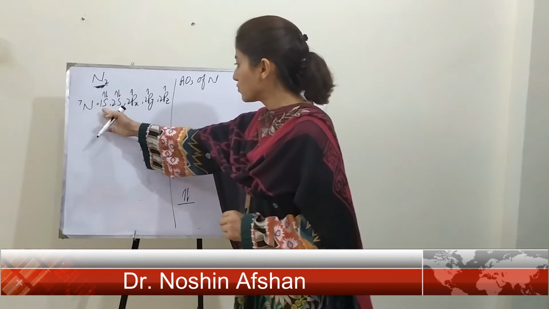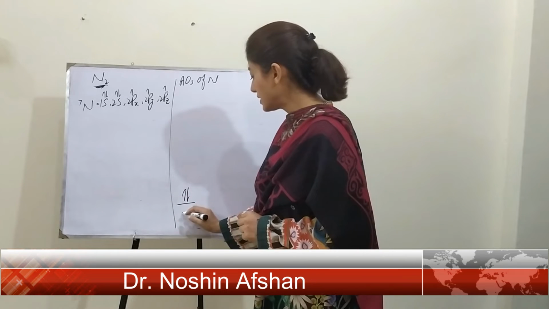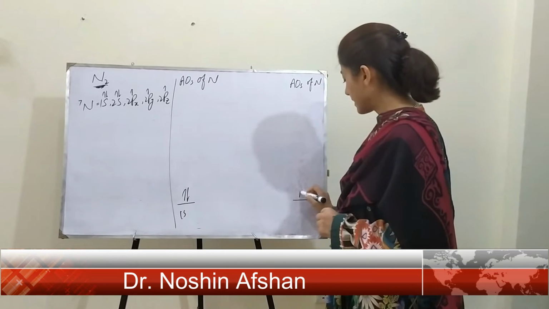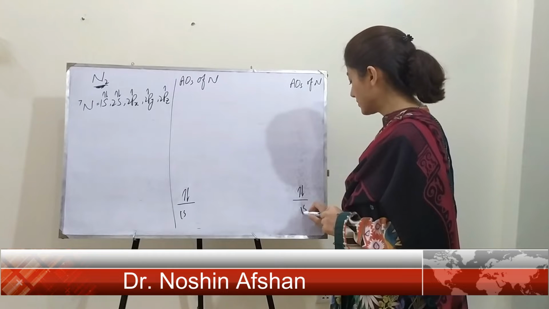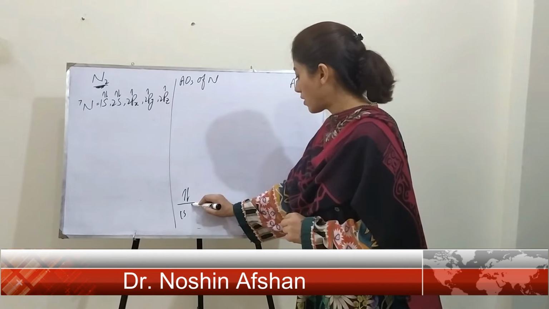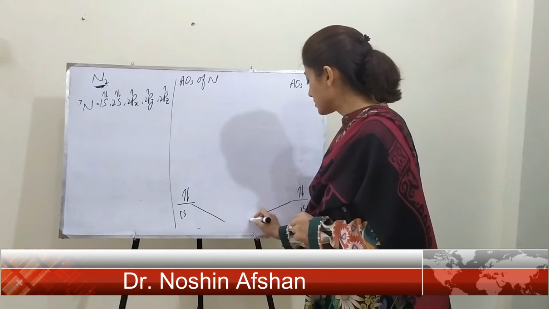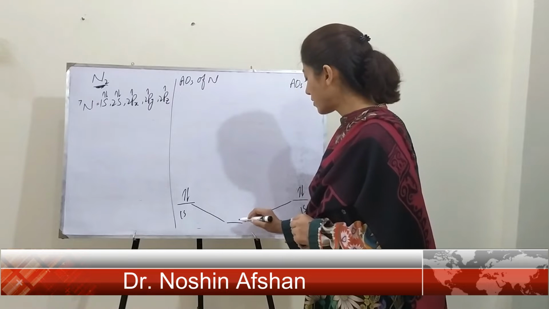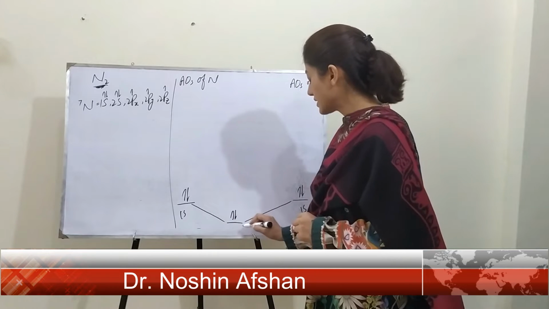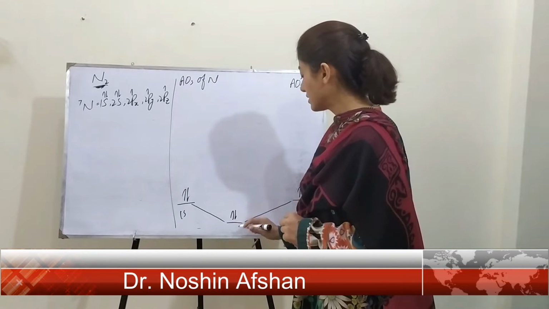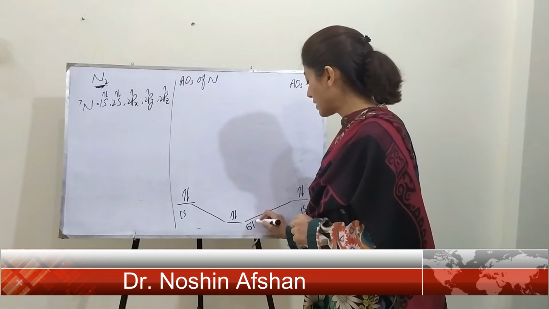So as this 1s orbital has been filled with 2 electrons, and similar is the case over here, these 2 orbitals would overlap to give the bonding molecular orbital filled with 2 electrons, and it is shown by the sigma 1s.